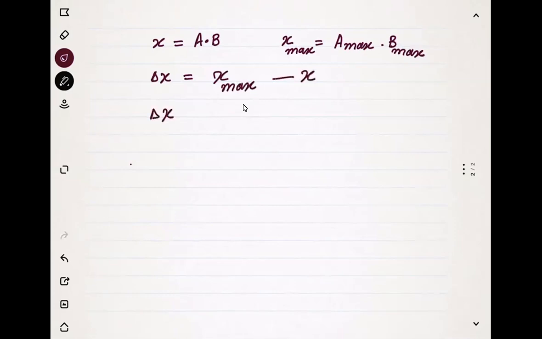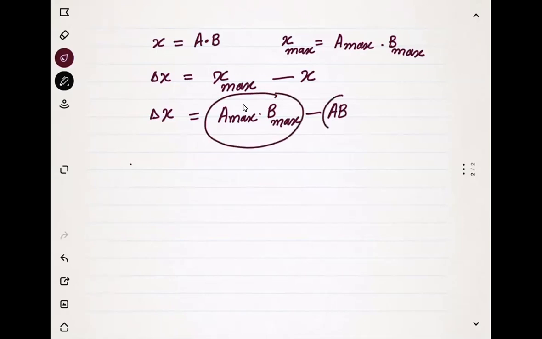So to calculate uncertainty, you'll go with a maximum into b maximum minus ab. So this will give you the uncertainty.